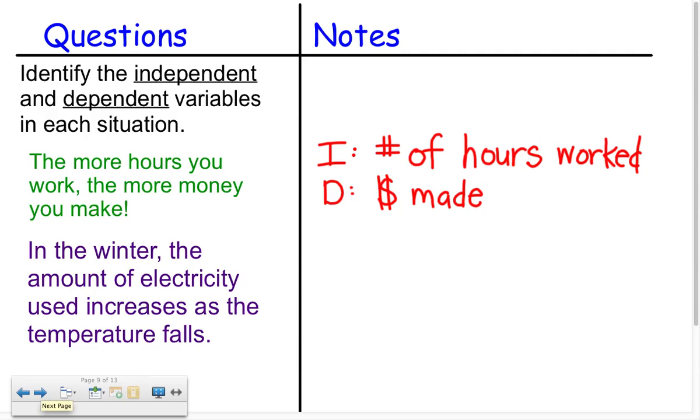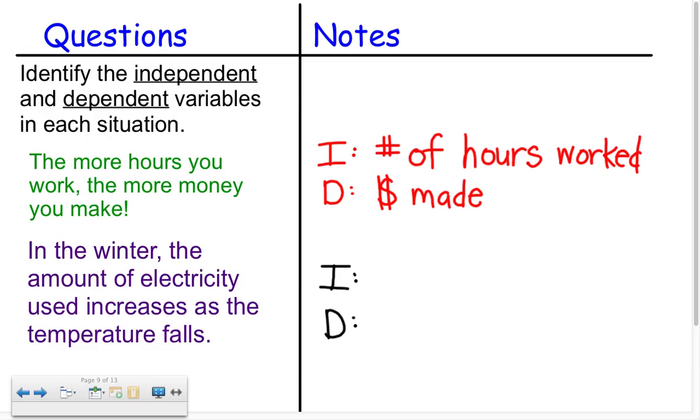In the winter, the amount of electricity used increases as the temperature falls. So again, we have to think about what is going to happen first. Are we going to determine the amount of electricity used first, or are we going to see what the temperature is? Well, the amount of electricity is based off of the temperature.